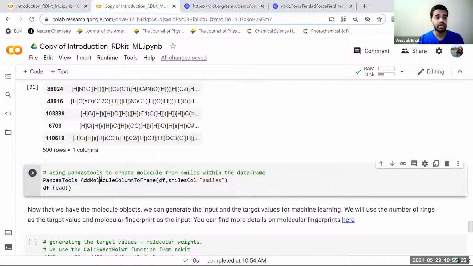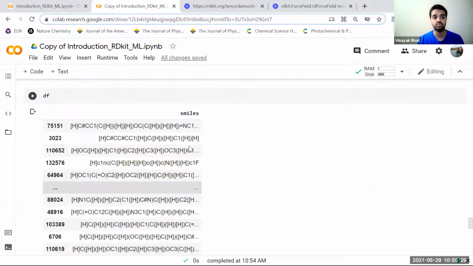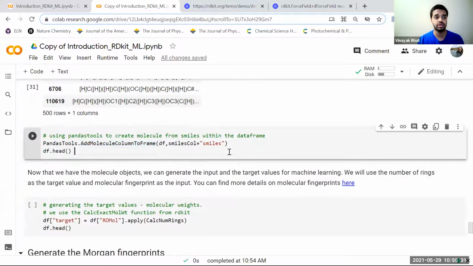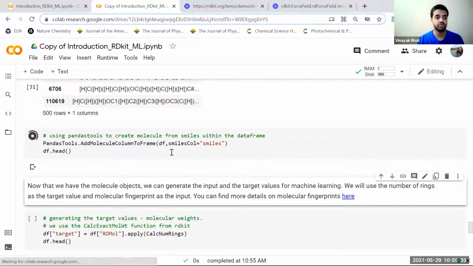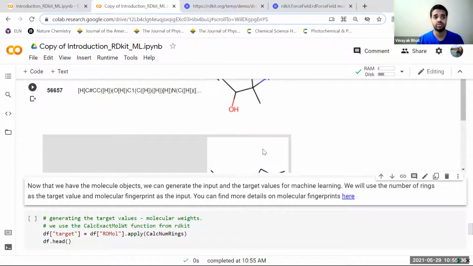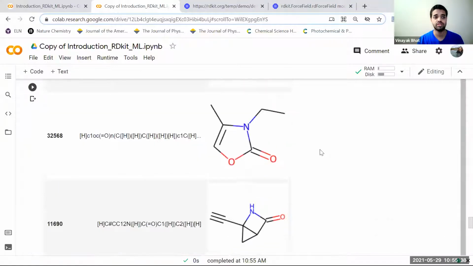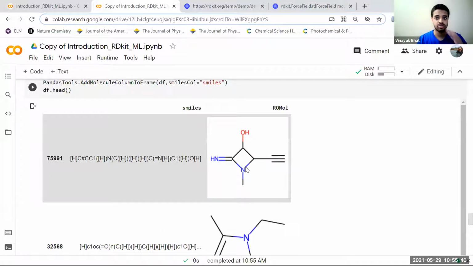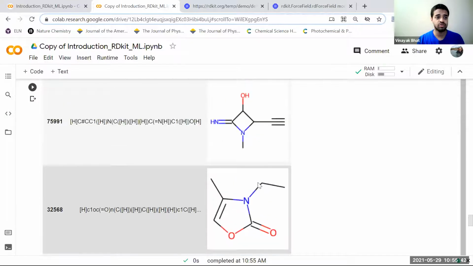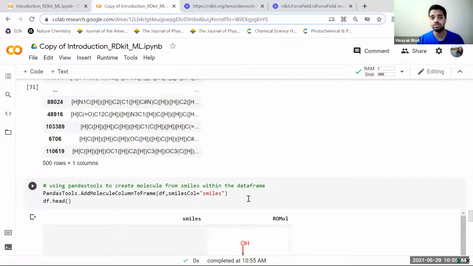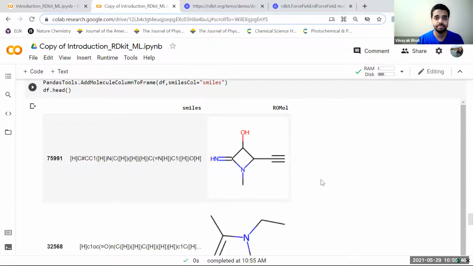Over here, we'll add a molecule to the data frame. Right now, we only have smiles, so we'll add molecules to it. If we do this, it'll add a molecule, and you can see the molecules here. You may get different molecules because it's randomly sampling, so all of it is not the same.